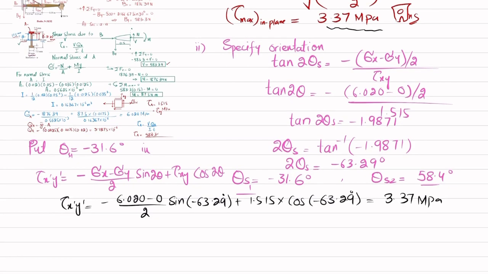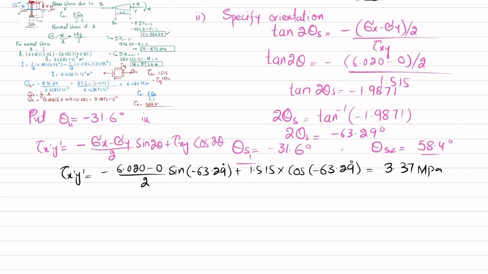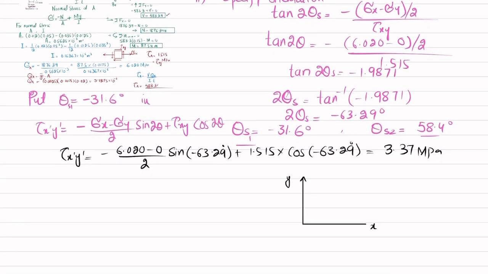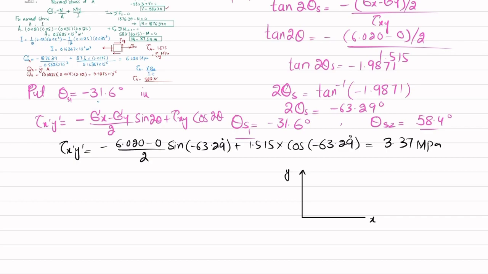We have confirmed this. If you draw the element, let this be the initial axis x and this be y, clear? When you rotate it through an angle of minus 31.6, minus means clockwise, so this will be the new x dash, and this theta is your theta S1, 31.6 in the clockwise direction.